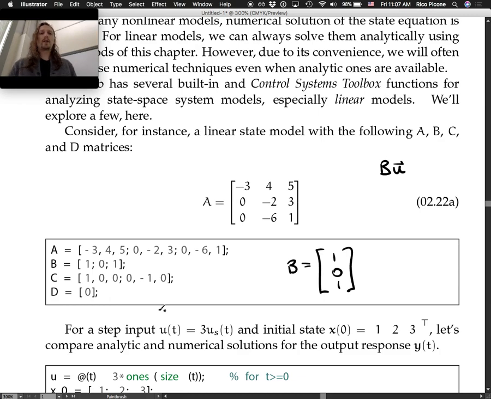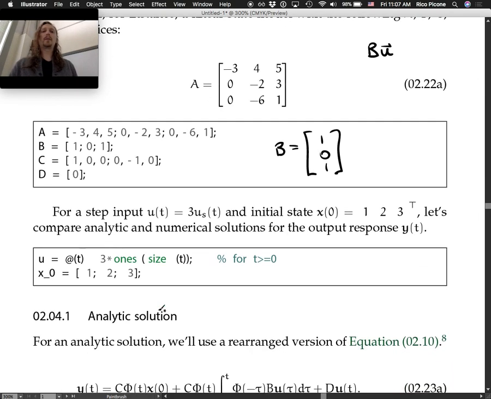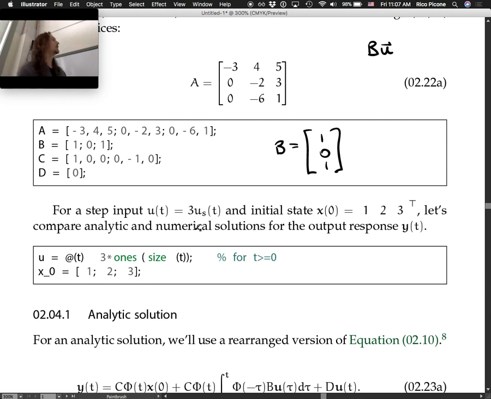Good. So for a step input of 3 U of t, and an initial state, this is a row vector that's transposed, so it's a column vector. We say that the initial state of the system is 1, 2, 3, because I had to make something up. It was really random, the 1, 2, 3.